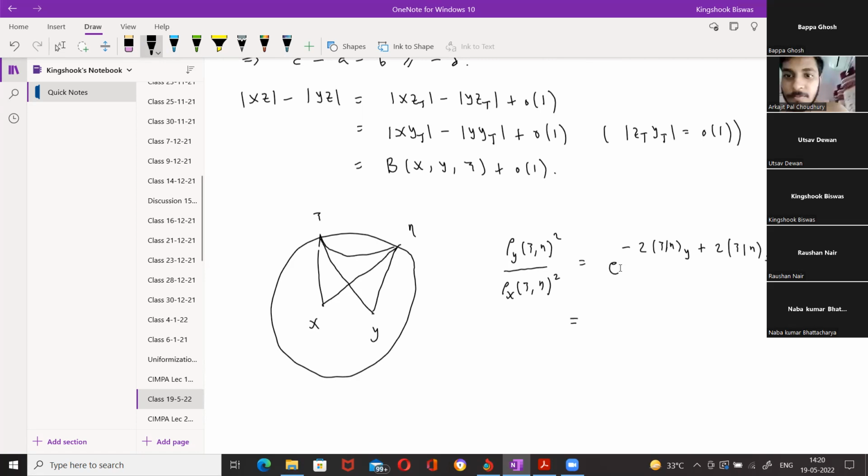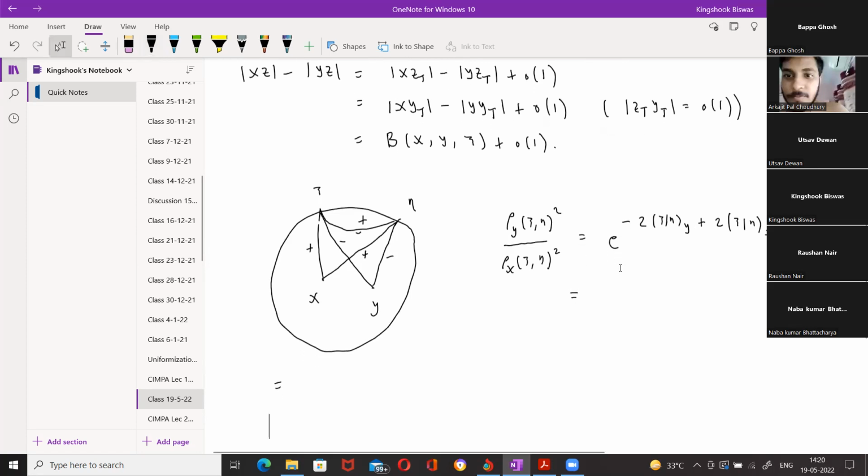And what happens when I take the difference of these Gromov inner products? So this minus 2 Gromov inner product (xi, eta)_y will give me a plus here and a minus here. And this plus 2 Gromov inner product (xi, eta)_x will give me a minus here and a plus here. So what will this leave me with?